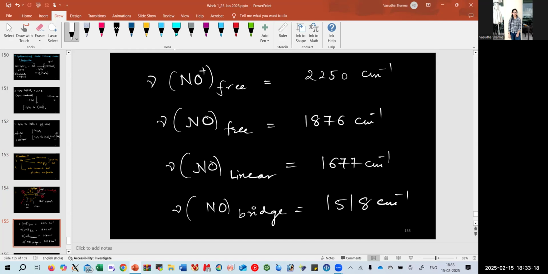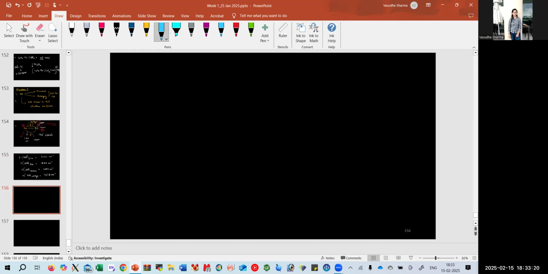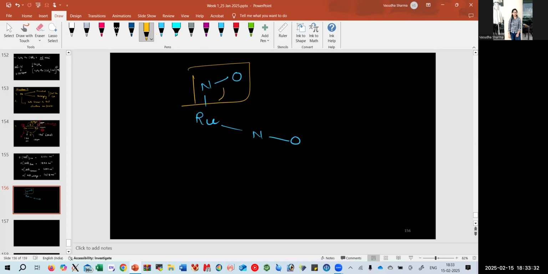Another such example that we can take is ruthenium, where we have NO, and here we are talking about both bent as well as linear. Here I'm highlighting the bent one as a nitro group, with the angle between ruthenium and NO being 138 degrees. Whereas when we have linear ruthenium NO, that angle is 178, almost linear, which is 180 degrees. So you have to be careful when you're looking at the angles.